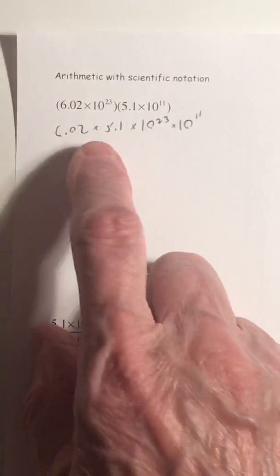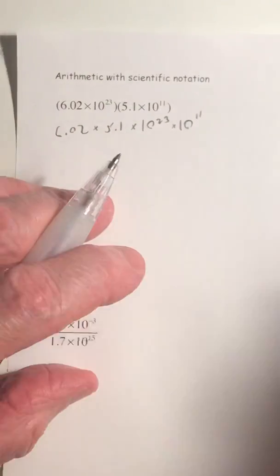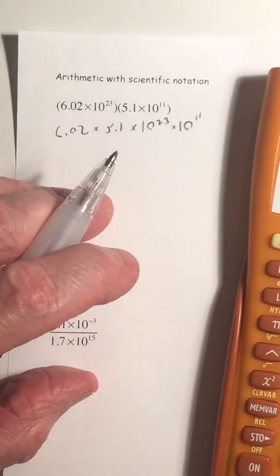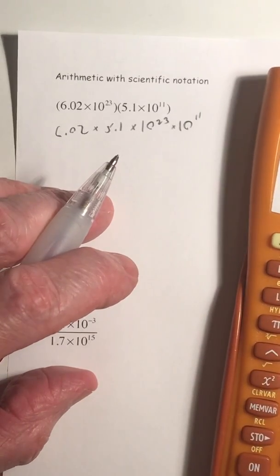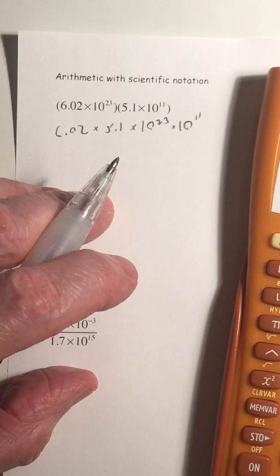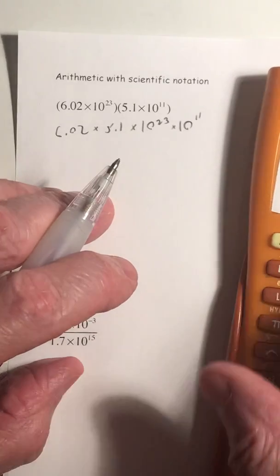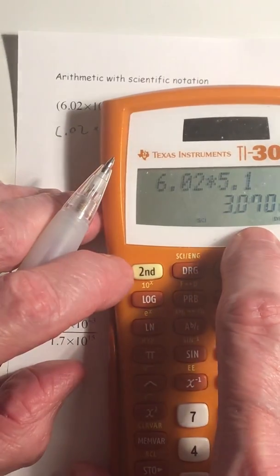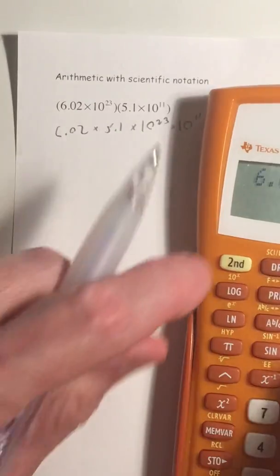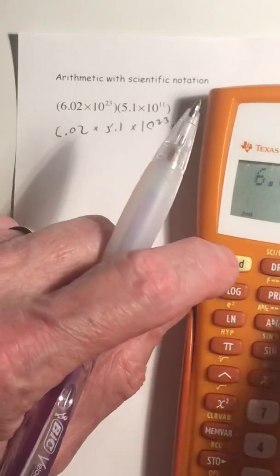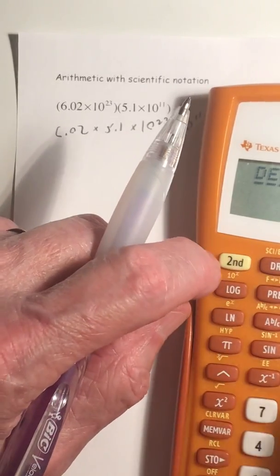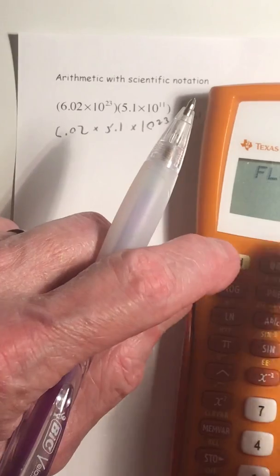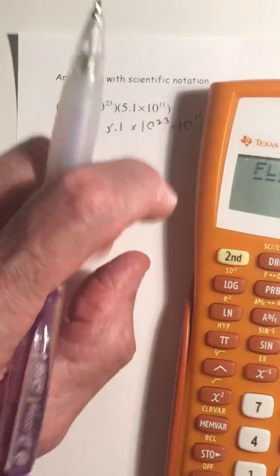Why do I do that? Because this times this I can do with the calculator. It's going to be around 30, right? 6.02 times 5.1 is, it's still in scientific notation mode. Wait a minute, go back to float mode.